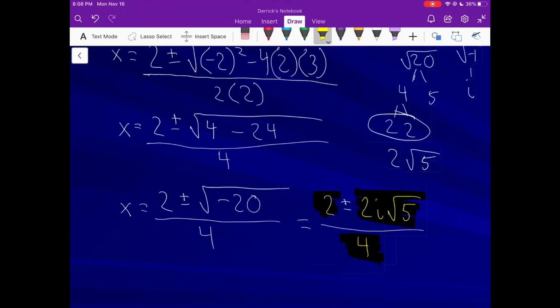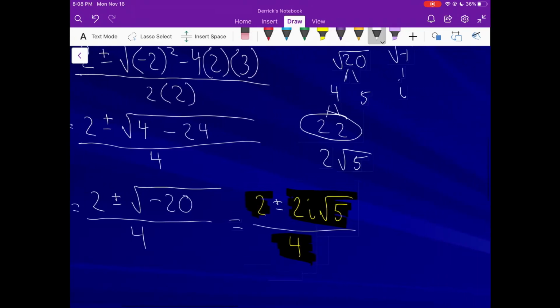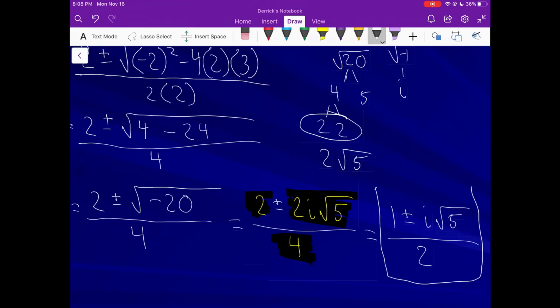They can all be divided by 2. So the simplest version of this answer would be 1, 2 divided by 2 is 1, plus or minus 1i square root of 5, because 2i divided by 2 would just be i, over 2, because 4 divided by 2 is 2. And then we'd have a final answer.